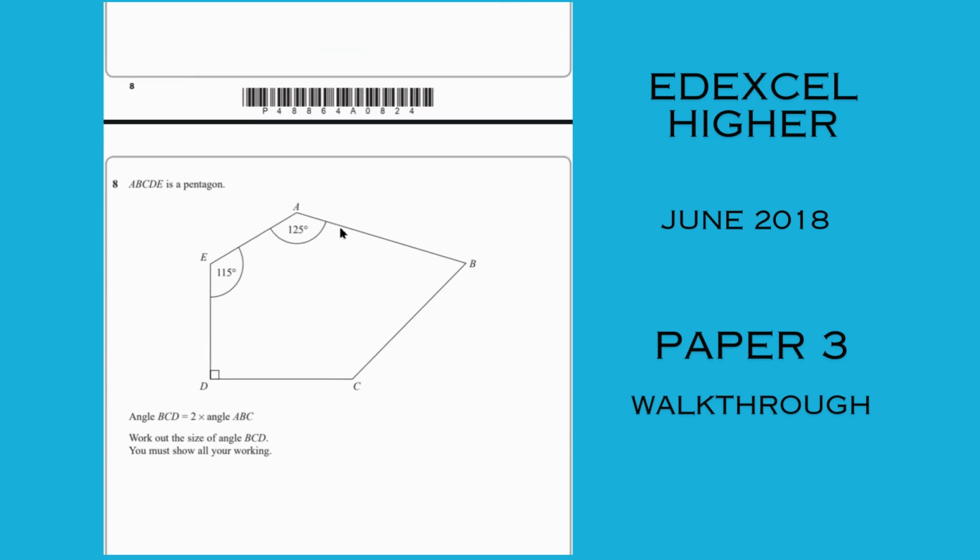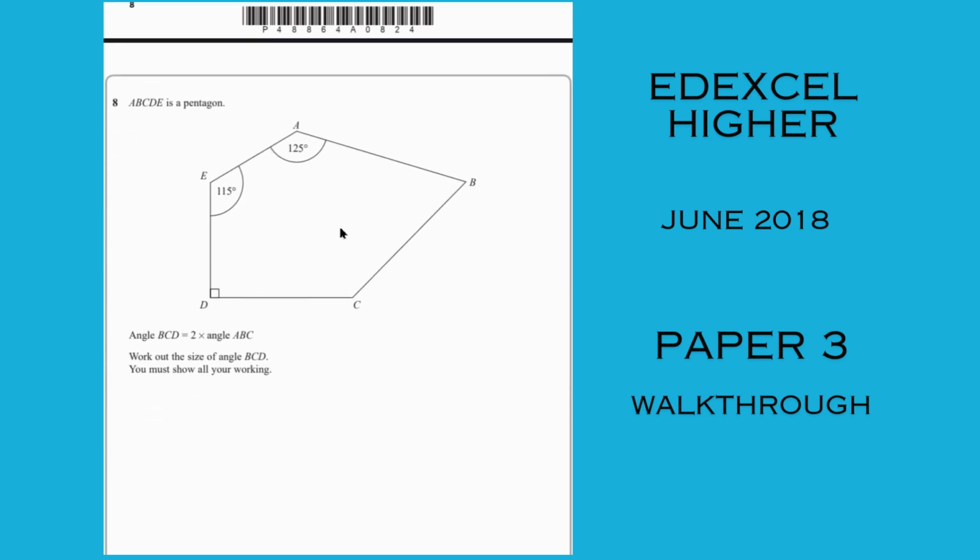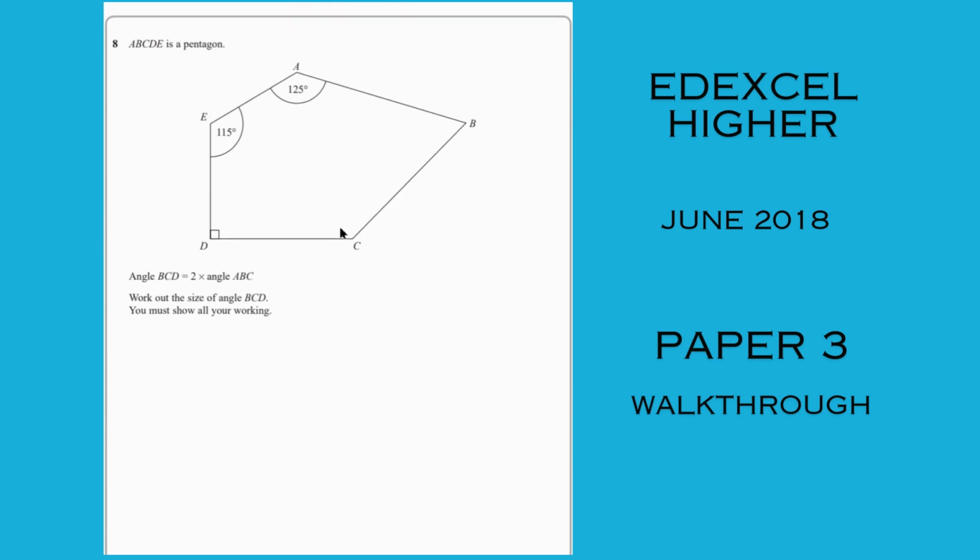Number 8, good old hidden algebra, setting up and solving. As soon as you're told a fact that something is double something, but you don't know either of them, let one of them be x. You could go x and x over 2. I'm not a fan of having fractions and x's if you can help it. And then we'll go back to the fact we've got a pentagon.